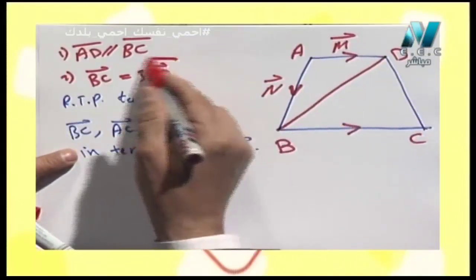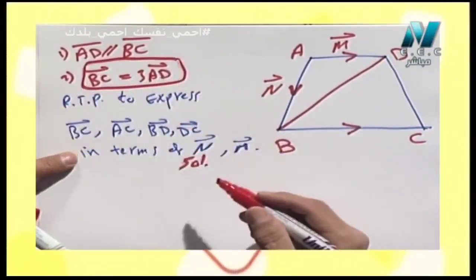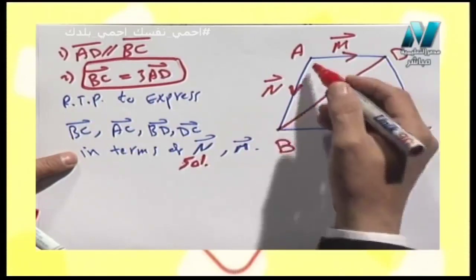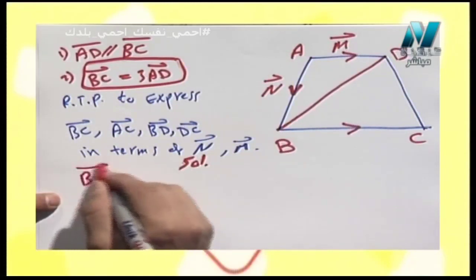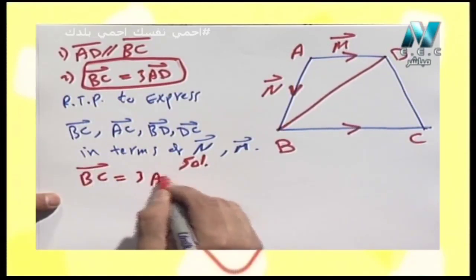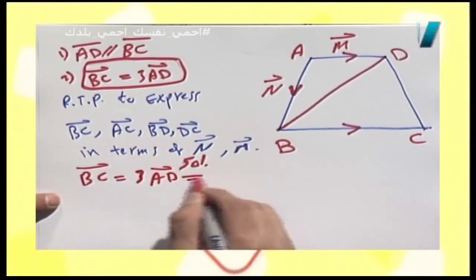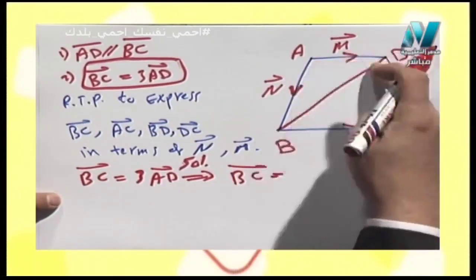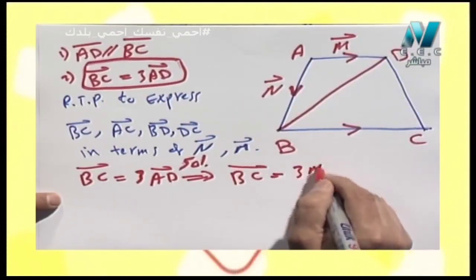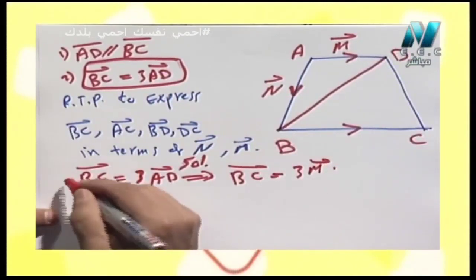And he gives you a very important given that the vector BC equals 3AD. So we have the vector BC already equal to 3AD. That means that the vector BC equals 3M. This is the first one.